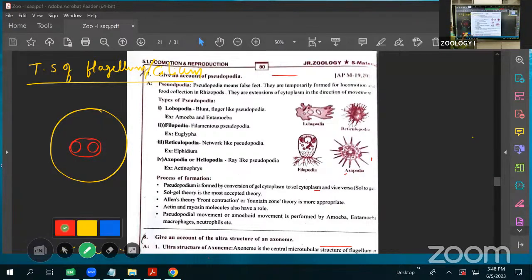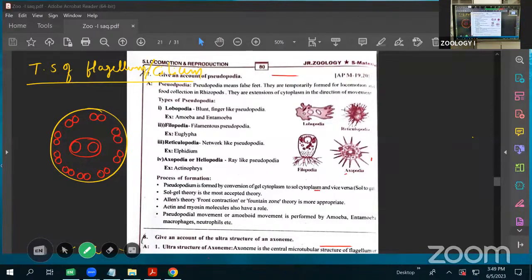And surrounding that, the doublets are present. 9 doublets are present like this: this is 1 doublet, 2, 3, 4, 5, 6, 7, 8, and 9. Compulsorily you write 9.